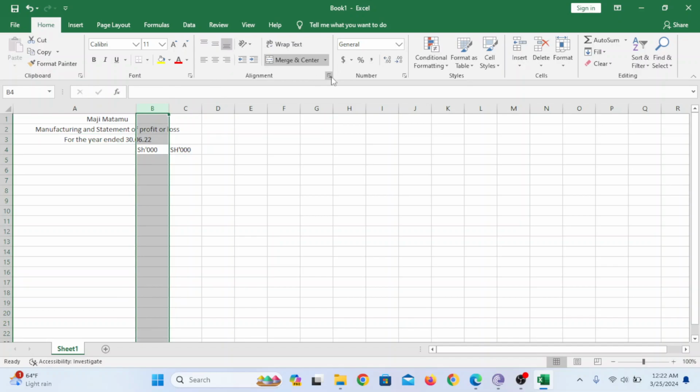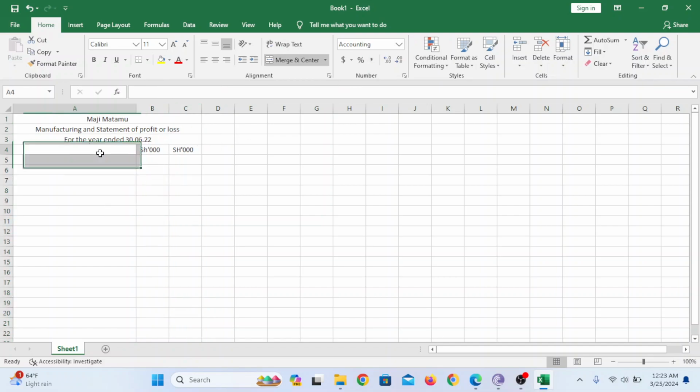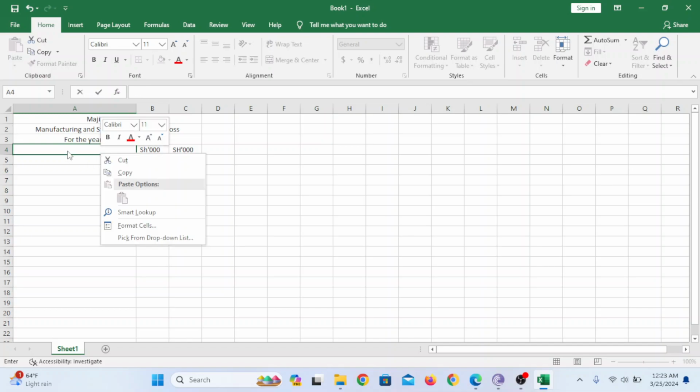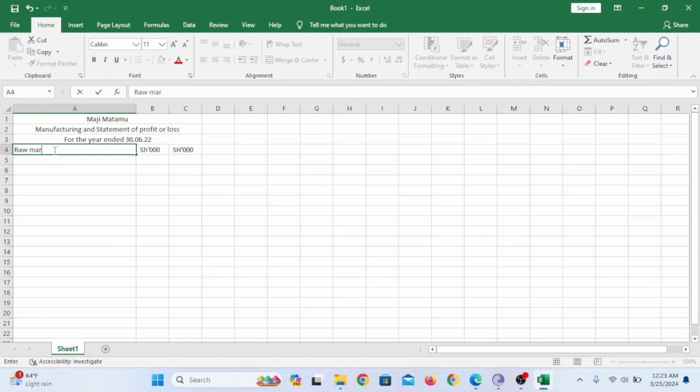So the normal format for manufacturing, you must have the concept of how it is developed. We normally start with raw materials. Raw materials, we have opening inventory.